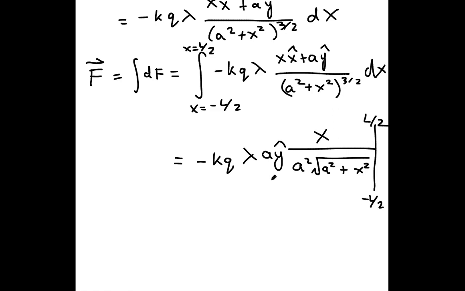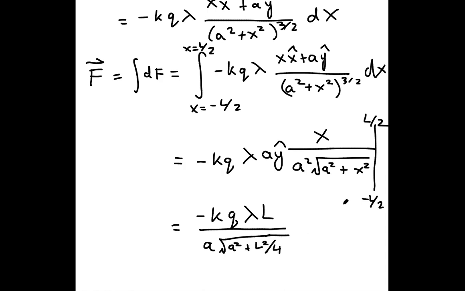And so now what do we do? Let's see. We now plug in L over 2 for every place that we see x. We get negative kq times lambda L over a times the square root of a squared plus L squared over 4. And we know that this value over here, lambda times L, is just q.